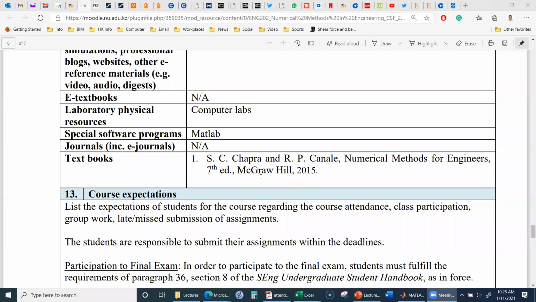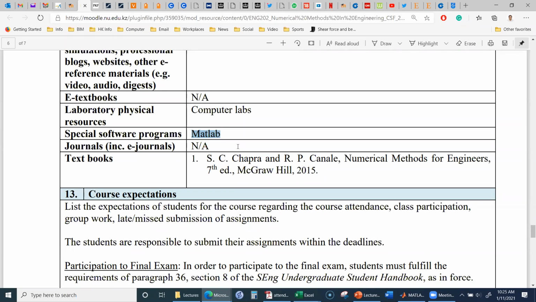So, we will be mostly following this book, okay? Numerical Methods for Engineers. And the other thing is MATLAB. So you will be using the software MATLAB in this class.